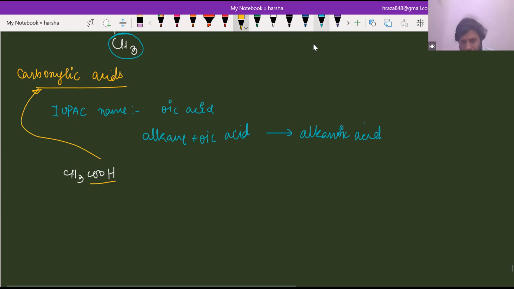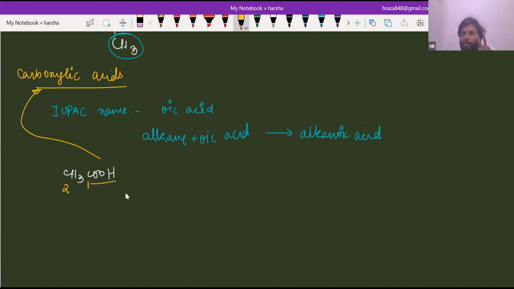Now you give numbering to this, and you know that we give preference to the functional group. So this is the first carbon, this is the second carbon. There is no substituent, so we directly jump to the parent chain.